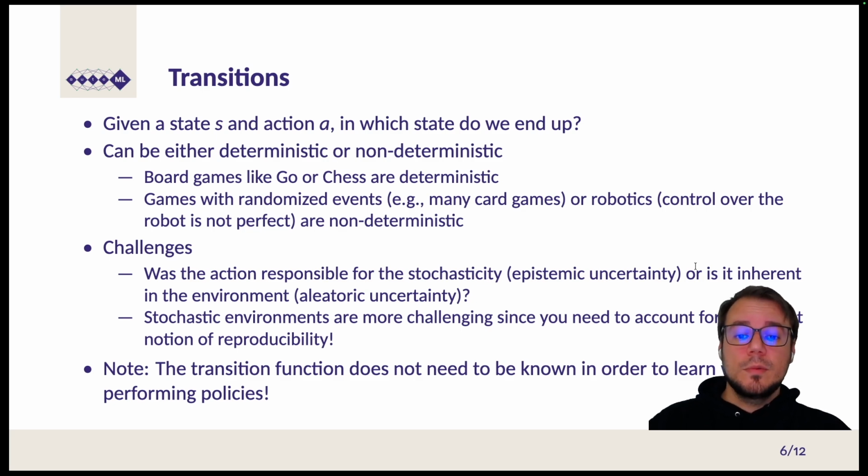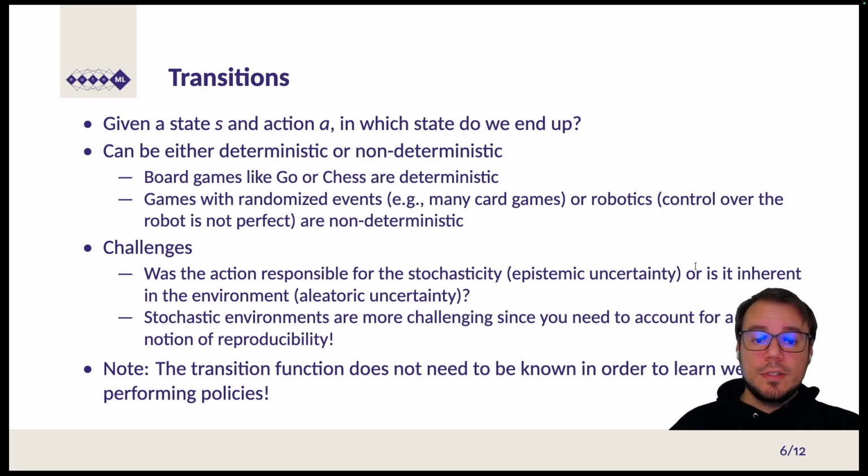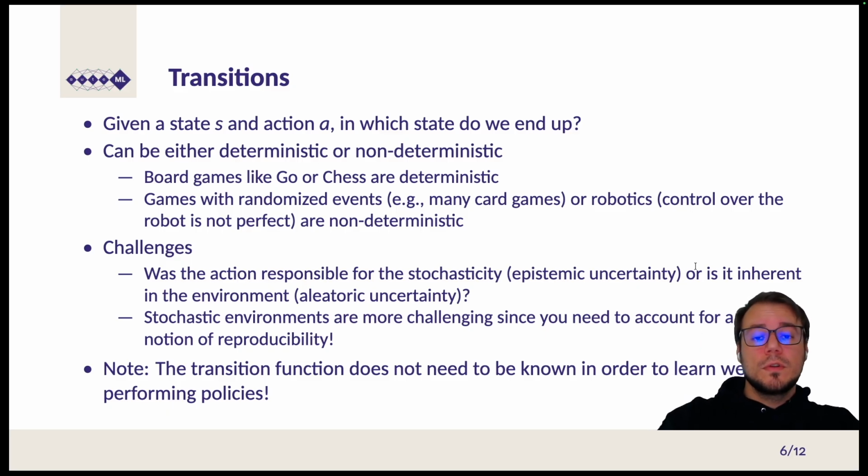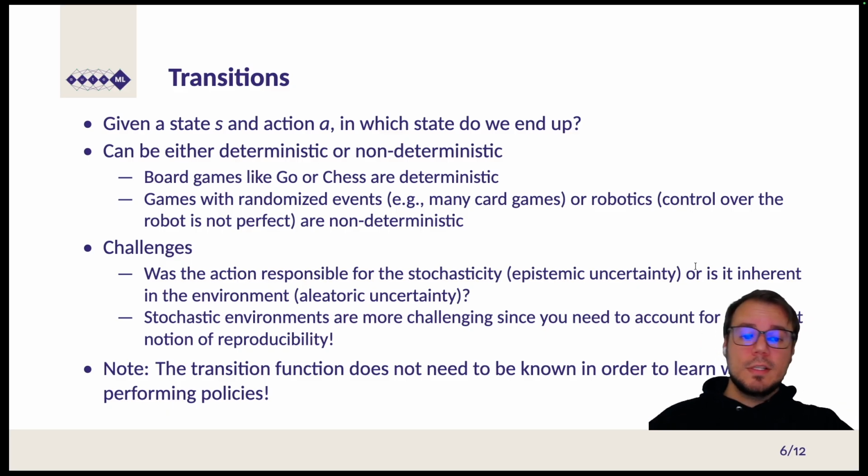And stochastic environments are much more challenging since you really need to account for this different notion of reproducibility, right? You need to understand if you are in a certain state and if you play a certain action, will you get into a next state that is close enough to the previous next state where you learned that the action that you took to get to this state was a good choice or not.